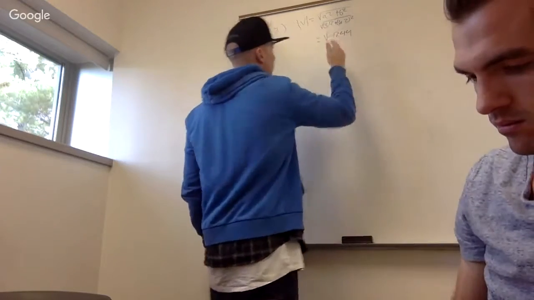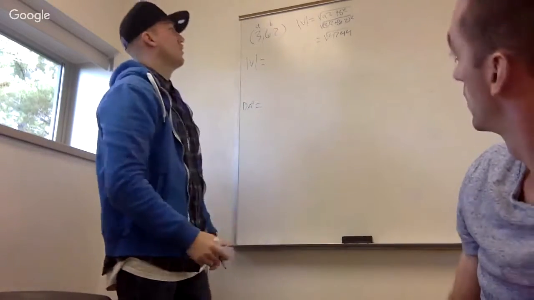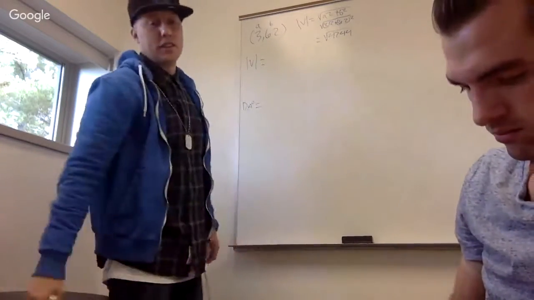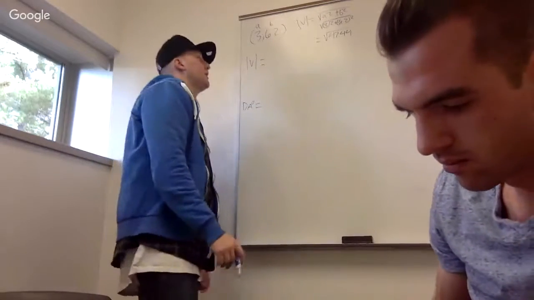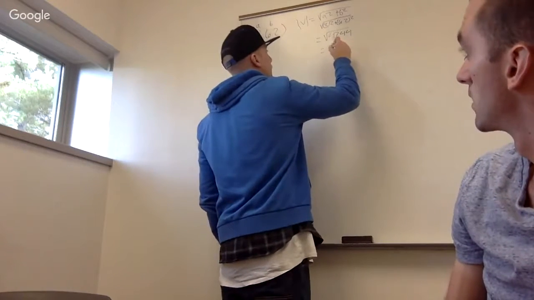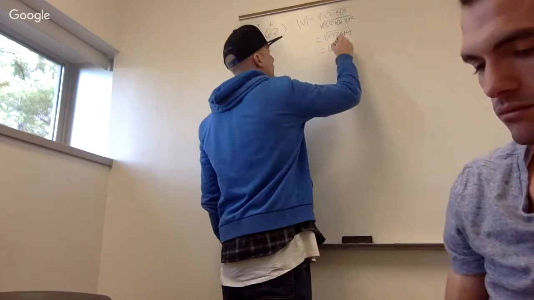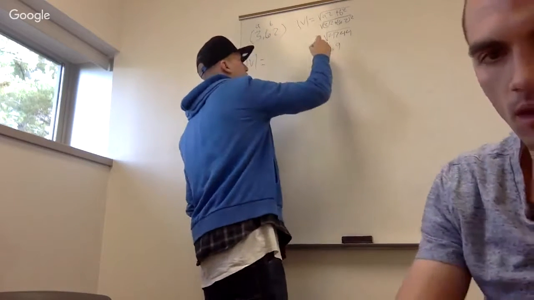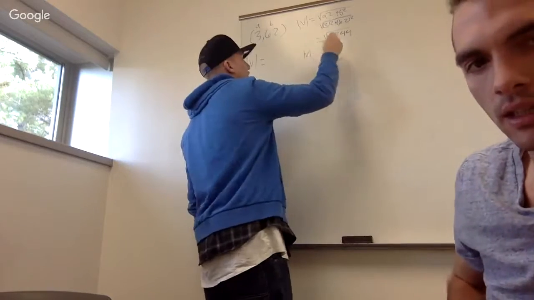So let's take the square root and see what we get. You get 6.9 rounded. Okay, 6.9, we'll keep that. So that's our magnitude, 6.9.